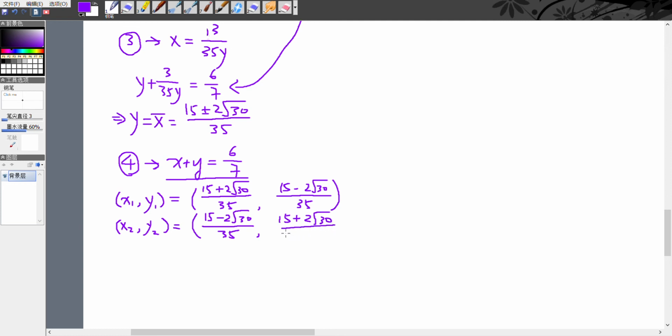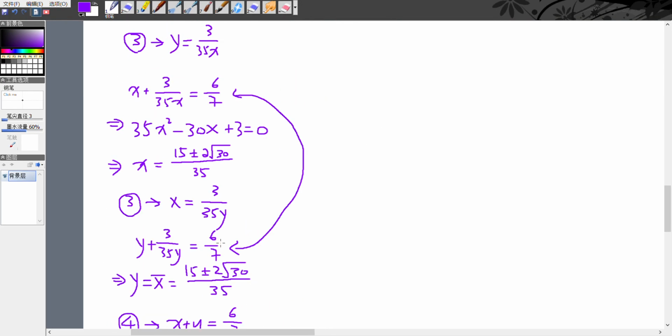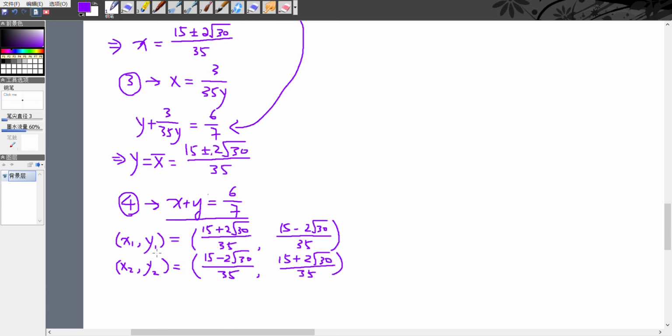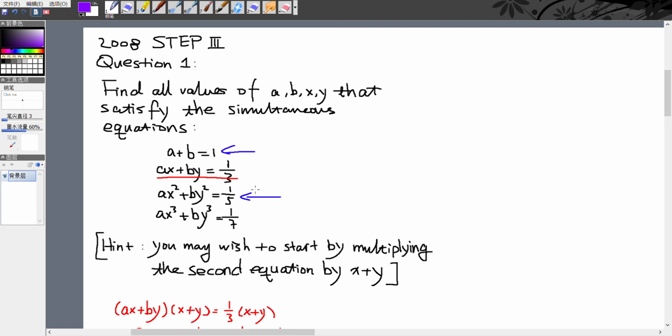And this is going to be our result of x and y. And the following is actually not very difficult. Once we have the values of x and y, we can just substitute this into ax plus by equals 1/3 and match up with a plus b equals 1.